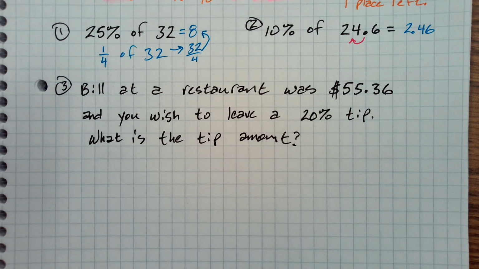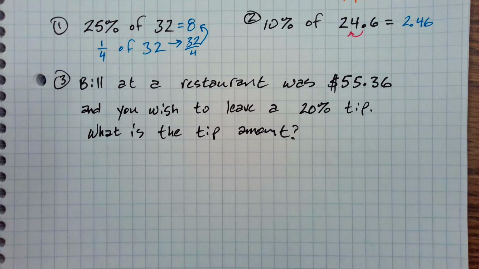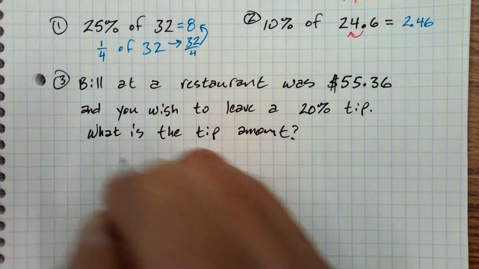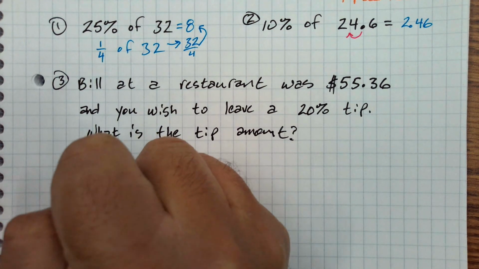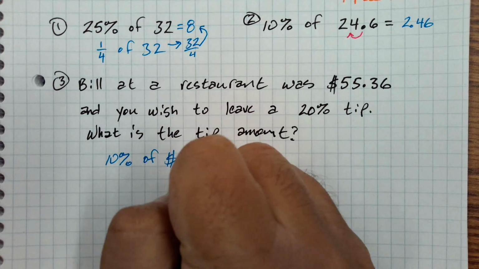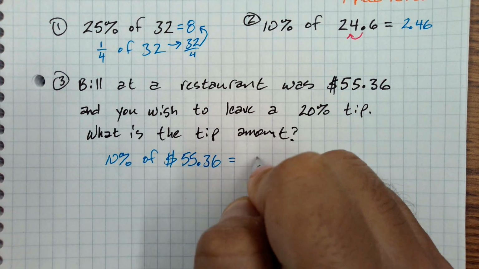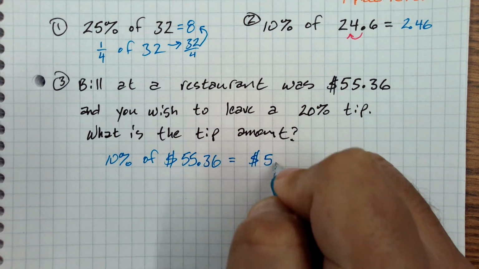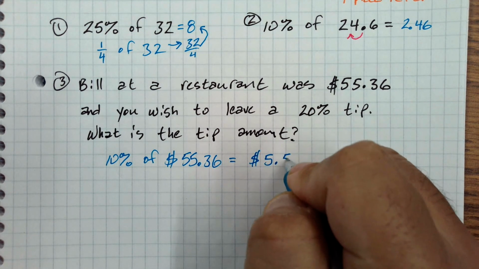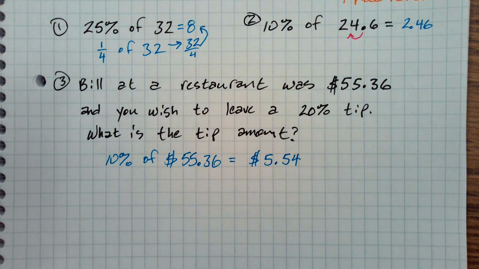So let's try that. Here's how we figure out the answer, and you could do it in your head if you think about it. We're going to figure out 10% of $55.36, which we said was $5.54, because we had to round it.